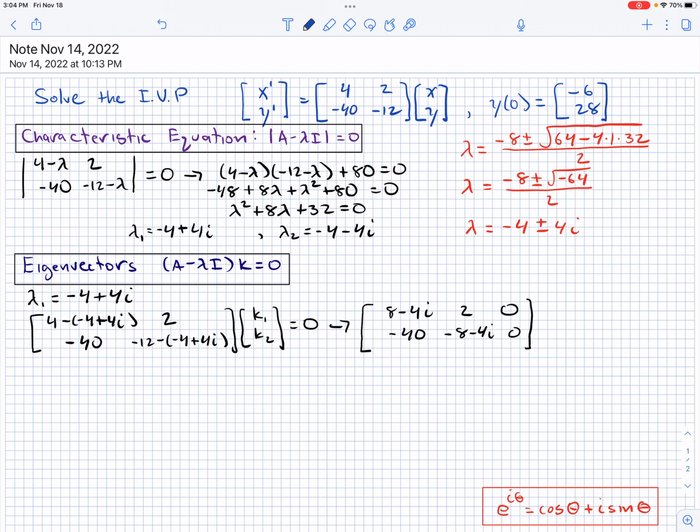So what I'm going to do is multiply the first row by 40, and then add 8 minus 4i times row 2, and then leave the result in row 2.